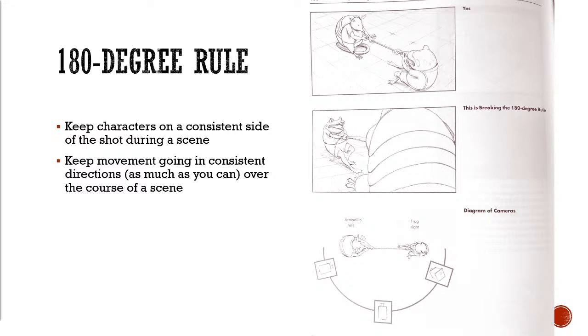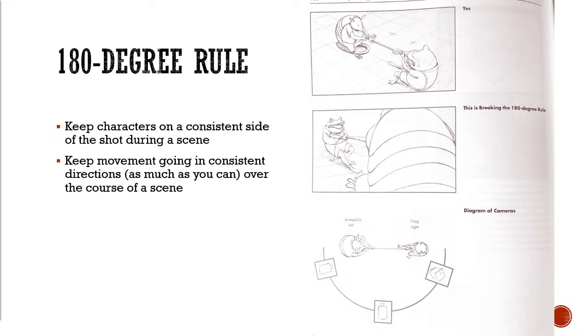So the 180-degree rule says that in a very simple version, if a character is on the left side of your frame, in all of your shots in that scene, they should always be on the left side of your frame.